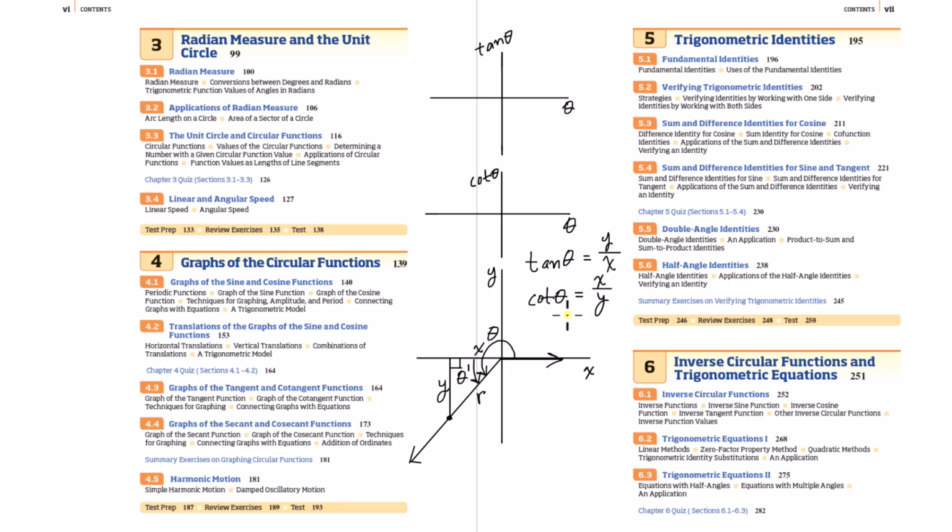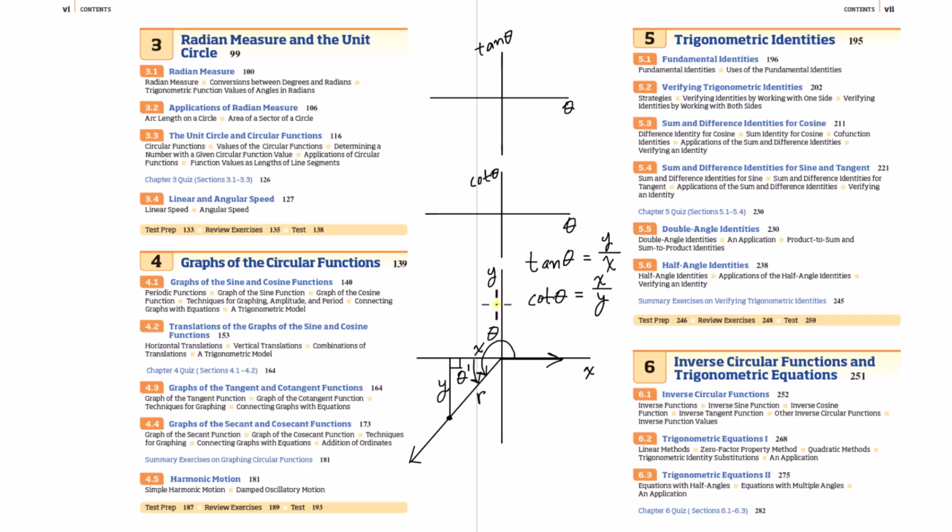And from algebra, we know that that's a vertical asymptote. Cotangent doesn't exist when theta is equal to 0, but when theta is close to 0, it's vertical asymptote behavior.